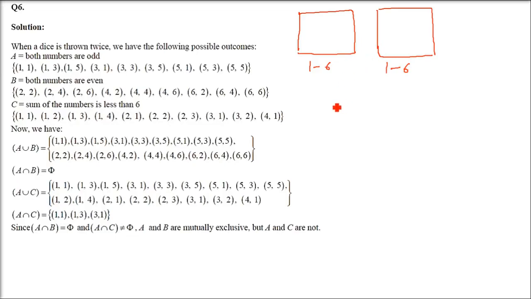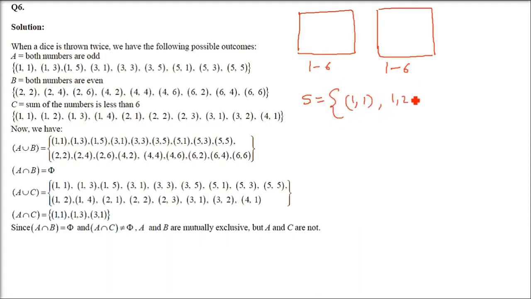Since we have already made the sample space in the earlier discussions, either 2 dice are thrown simultaneously or 1 die is thrown twice. The sample space will be what? We fix 1 and then 1 to 6 for the second one.